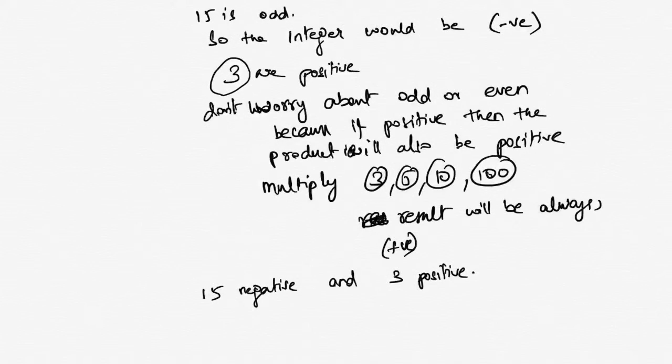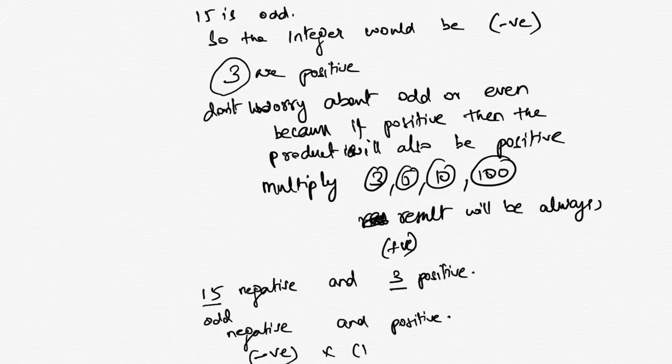So 15 is an odd number, so this will be negative, and 3 is positive, so negative into positive. Okay, so this will be negative. So the answer will be negative.